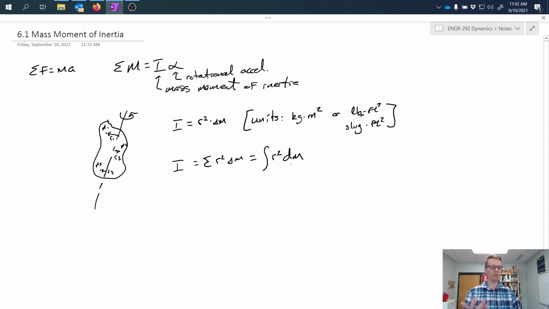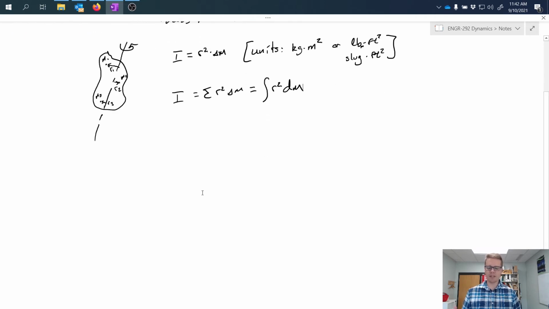That's great. We've got a formulation for it, but really it's more practically useful, especially in a course such as machine component design, to apply this to standardized shapes, because most of our machine components tend to be relatively standard shapes. So most textbooks will provide example expressions, and we can go ahead and look at some examples.